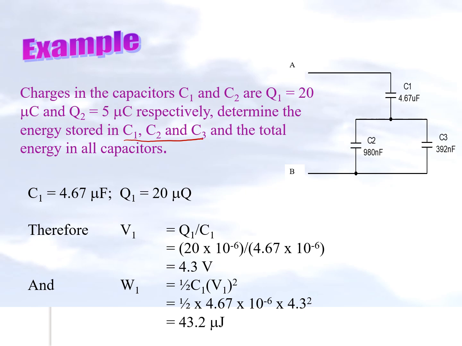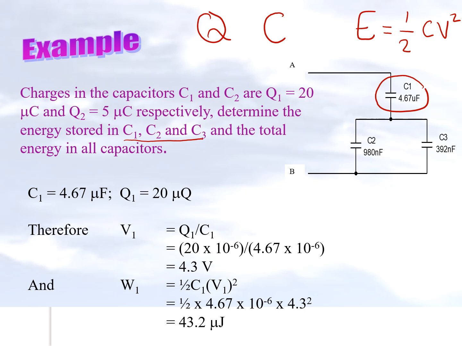So I know Q, I know the value of the capacitance, and I need to compute the energy E. I know that the energy is equal to 1/2 CV square, so we need to compute the voltage across those capacitors. But the good news is that knowing C and Q, we can obtain V because we know that Q is equal to C times V. C is known, Q is known, so we can solve for V.